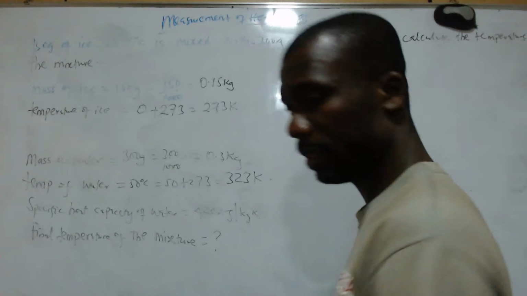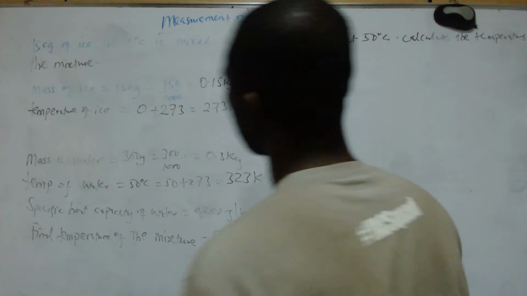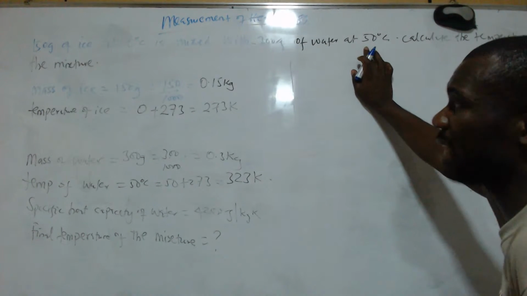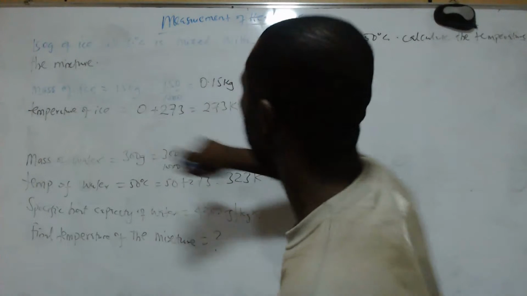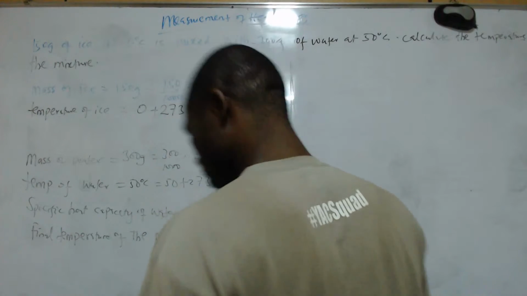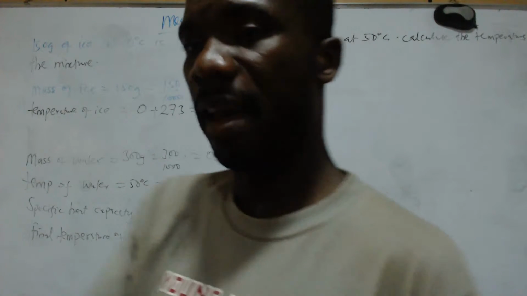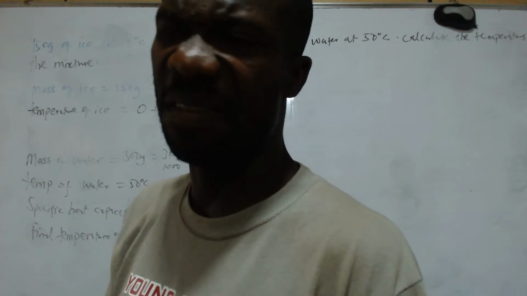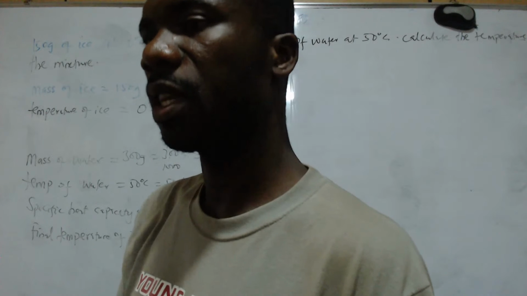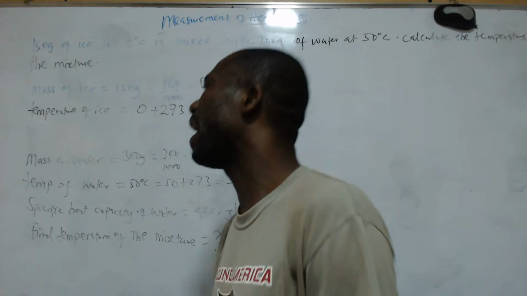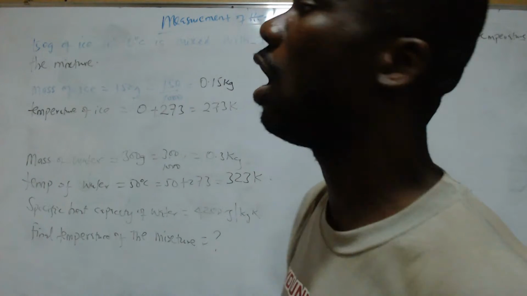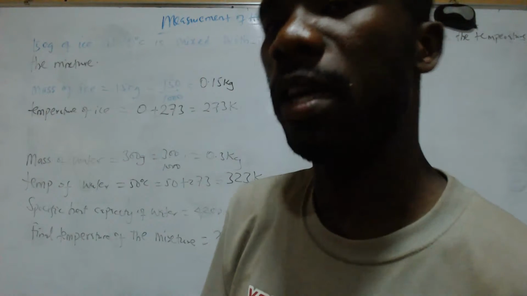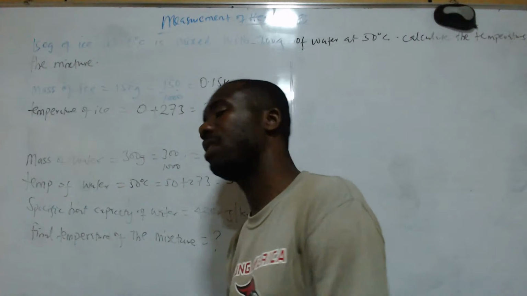Now, we say that heat lost. This guy is going to lose heat because it has a higher temperature, and this guy is going to gain heat. So, neglecting the environmental effect, the heat lost by water at a temperature of 50 degrees centigrade is equal to the heat gained by ice at 0 degrees centigrade.